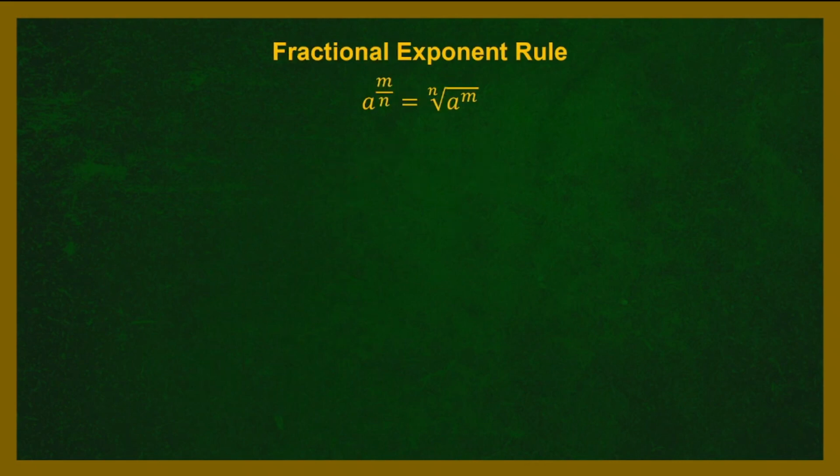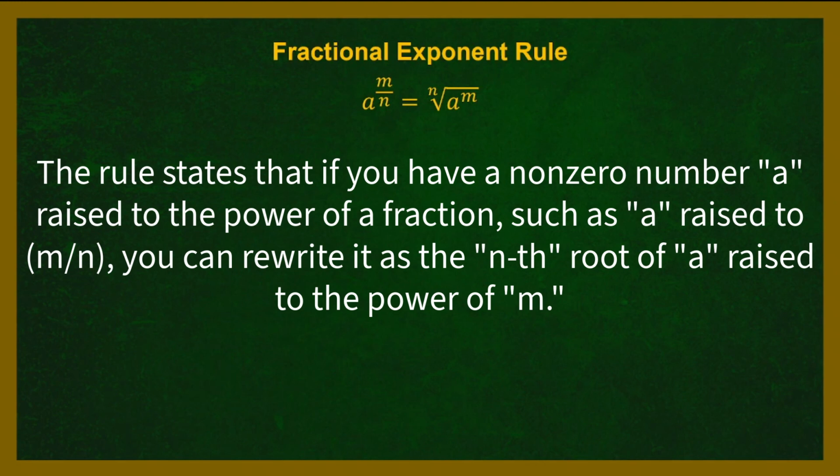Let us conclude with the fractional exponent rule. This rule states that if you have a non-zero number, a, raised to the power of a fraction, such as a raised to m over n, you can rewrite it as the nth root of a raised to the power of m.